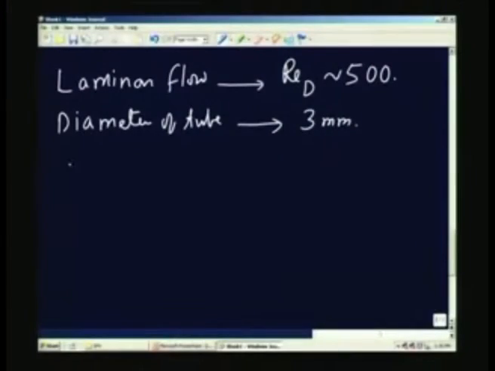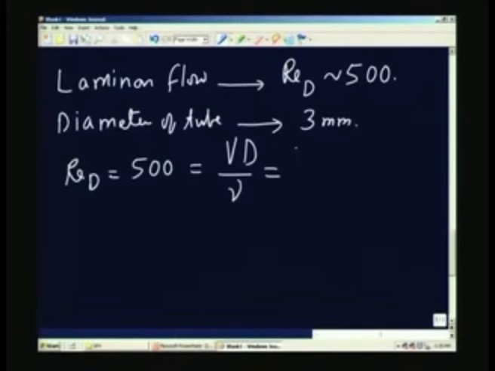So, by definition, Re_D equal to 500, which is what I have taken, is V, the average velocity in the tube, multiplied by d by nu, and I will substitute the values: V into 3 millimeters, 0.003, divided by nu, which is 10 to the power of minus 6, as we saw in the previous case.